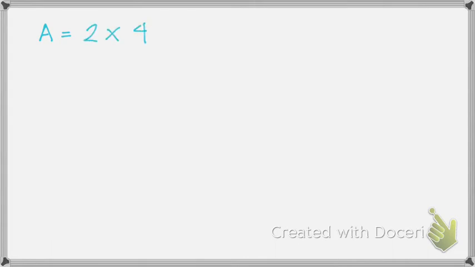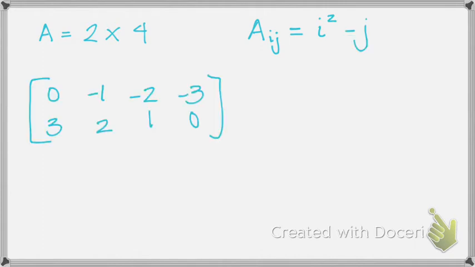I'm going to say A is 2 by 4. And I'm going to give you this formula for it. Okay? All right, so just to make sure we fill in the A sub things and use the row number as your I, the column number as your J, use your formula.